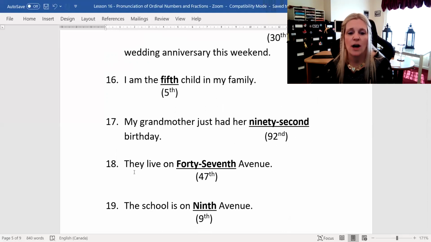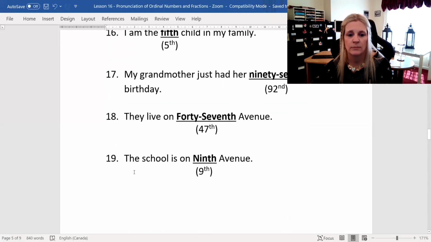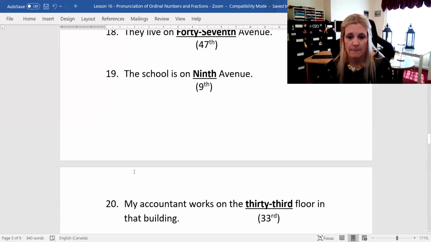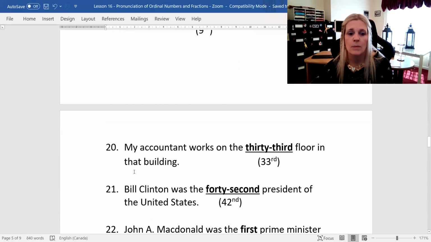They live on 47th Avenue. The school is on 9th Avenue. My accountant works on the 33rd floor in that building.